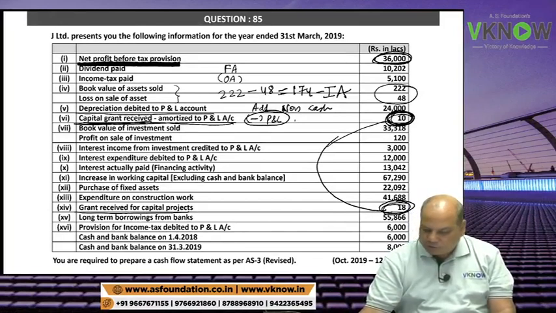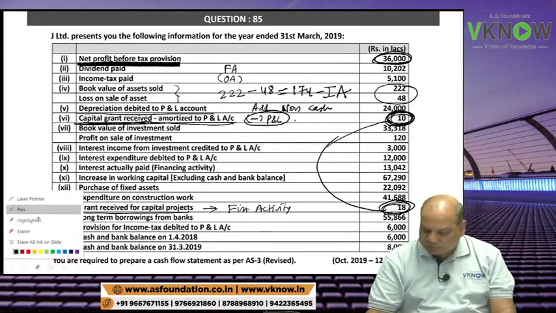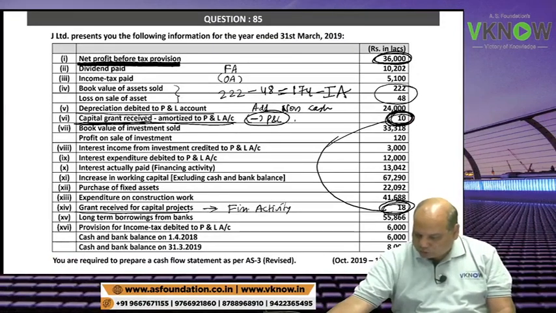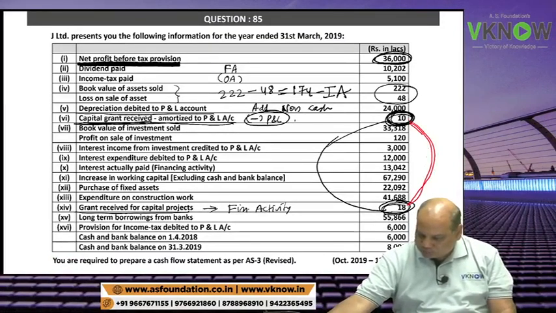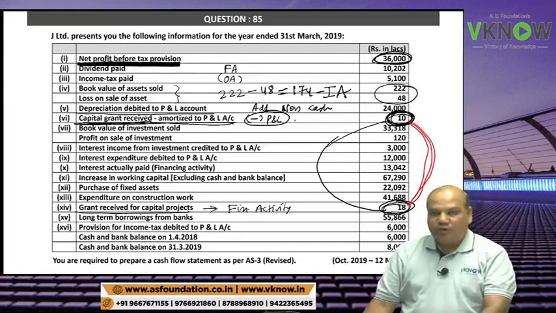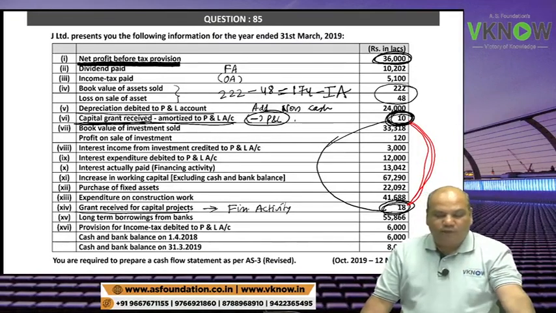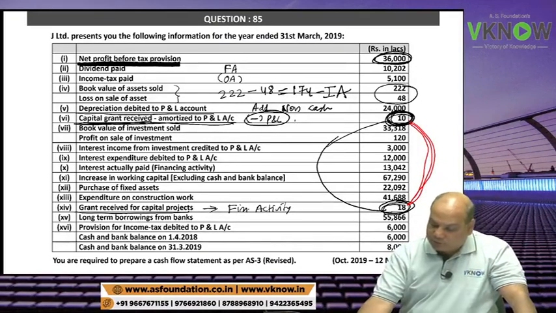The grant received for capital project is shown in financing activity. So take a pencil and link these two numbers. 10 and 18 are linked. 10 I will adjust in operating activity. 18 will be inflow in financing activity.